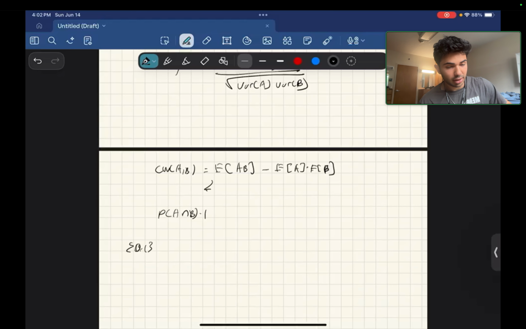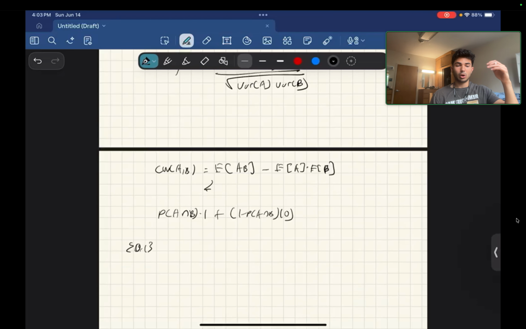So with probability of A and B, we occur. With 1 minus probability of A and B, we don't occur. So since we're going based on occur and don't occur, we can replace the expectations in this formula with just the probabilities.